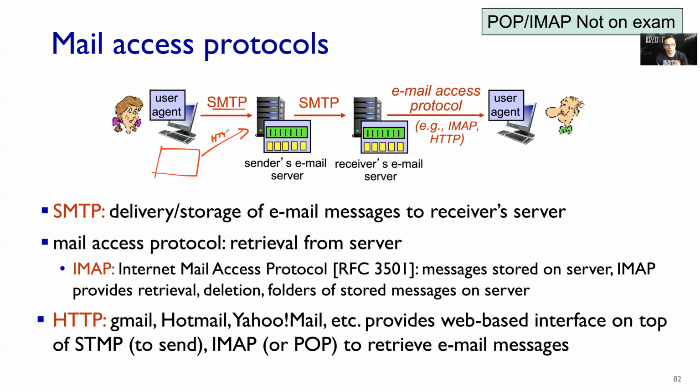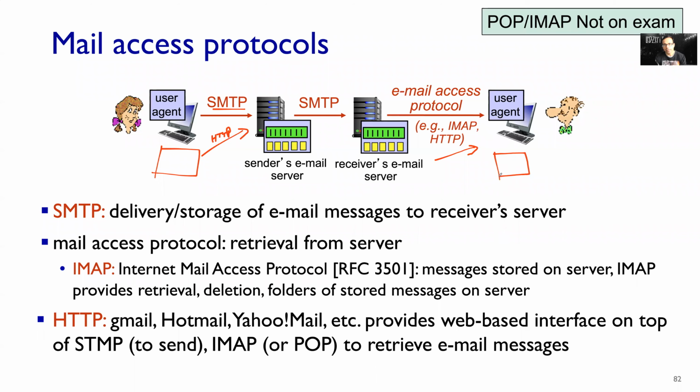Whatever Gmail or whatever mail client you're using, if you're using a browser, then this sending process would also take place over HTTP. Similarly, if you look at the retrieval from the user agent, this also can happen over HTTP if you're again using a browser to read your email.